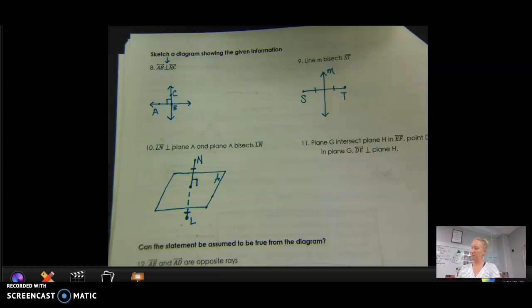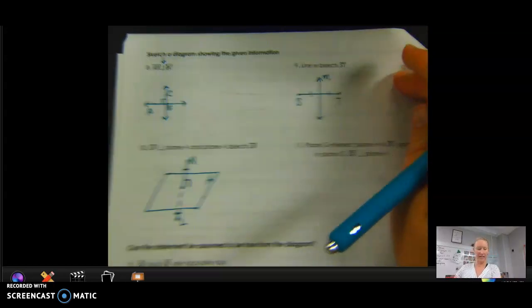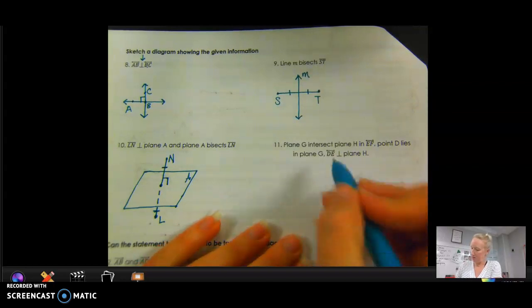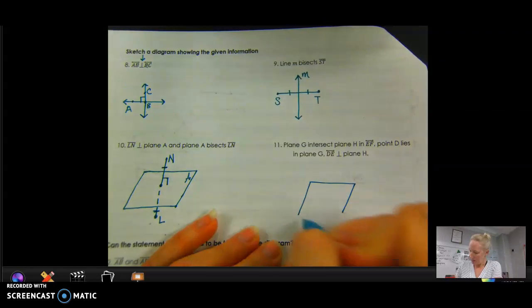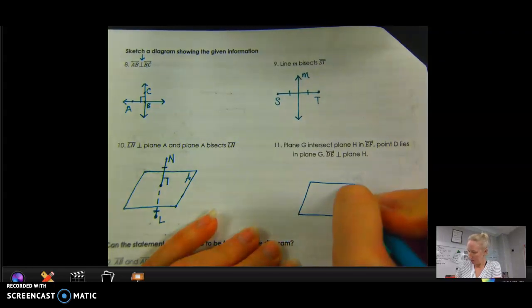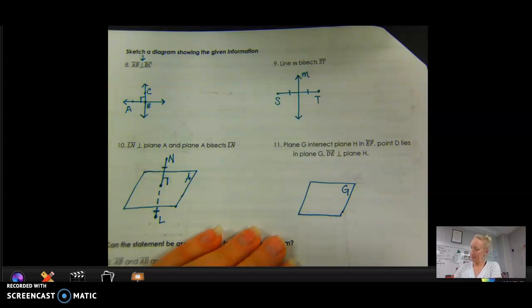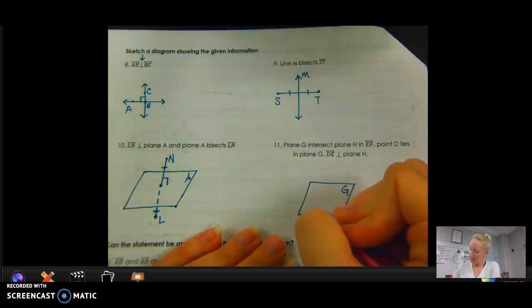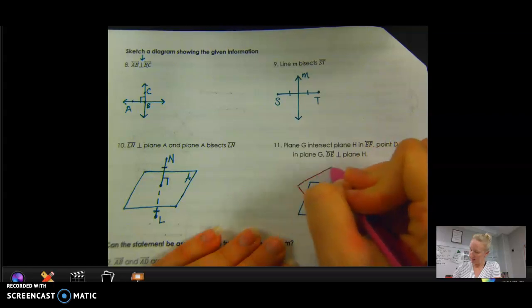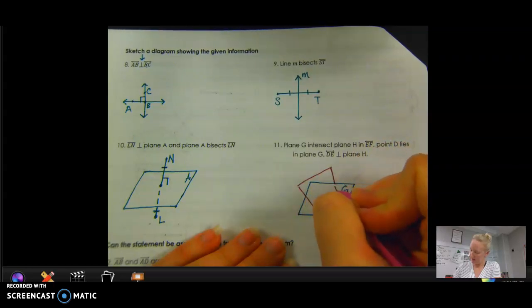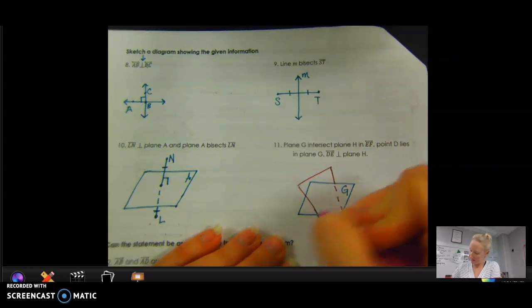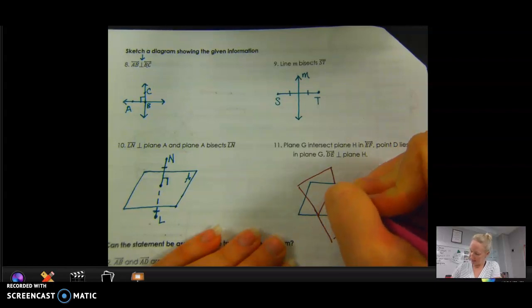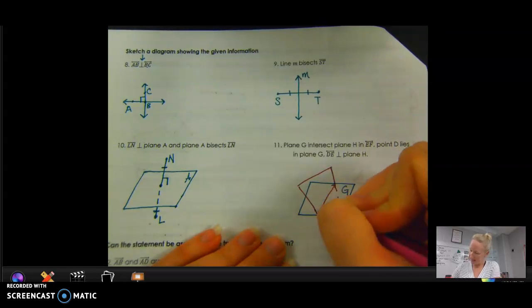Plane G intersects plane H in line EF. Okay, so we have two planes. This really is going to be a bad picture, I promise. So we have plane G. Then we have plane H. They intersect at line EF.